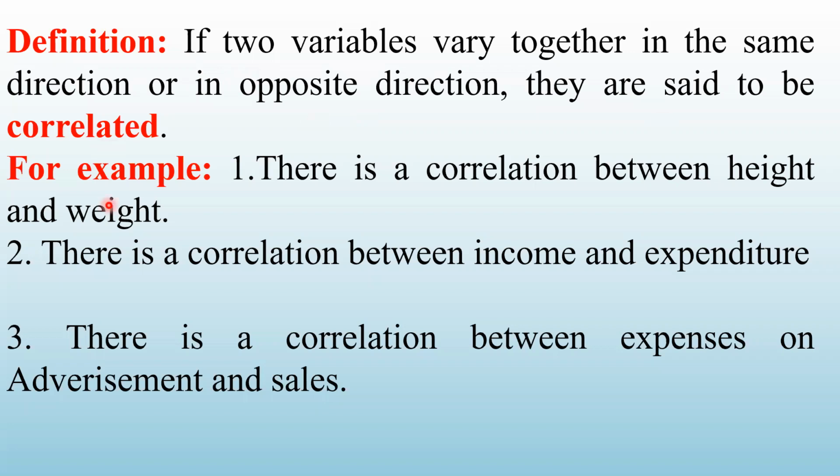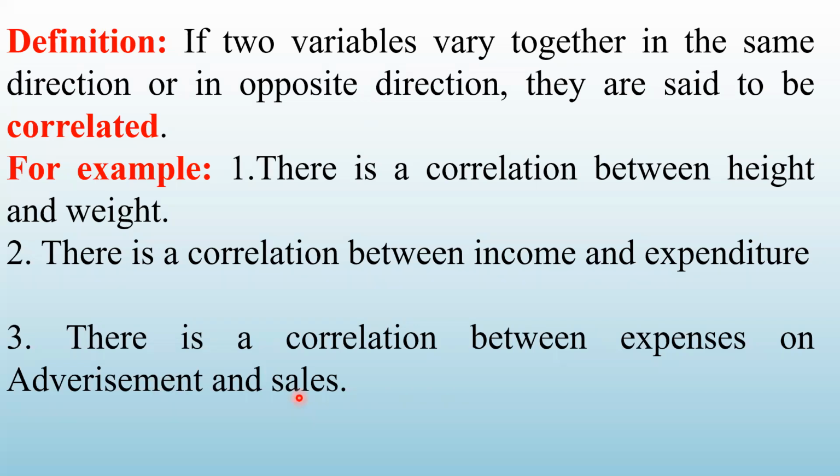For example, there is a correlation between height and weight, the example which I gave you just now. Second one, there is a correlation between income and expenditure, right? Third example, there is a correlation between expenses on advertisement and the sales.